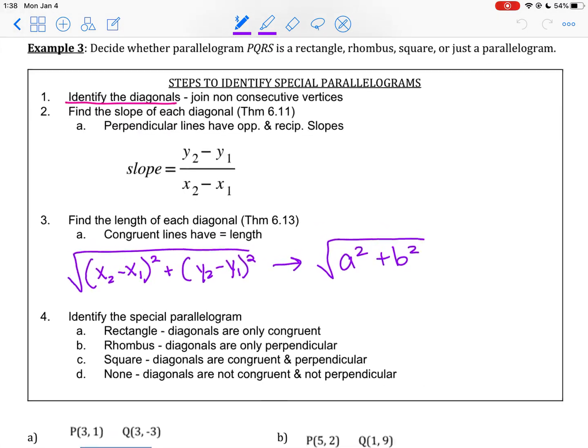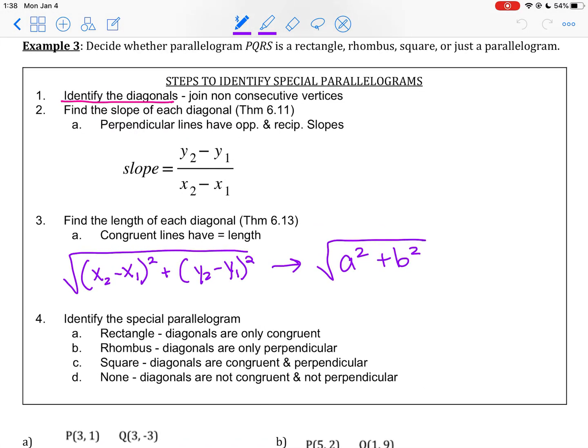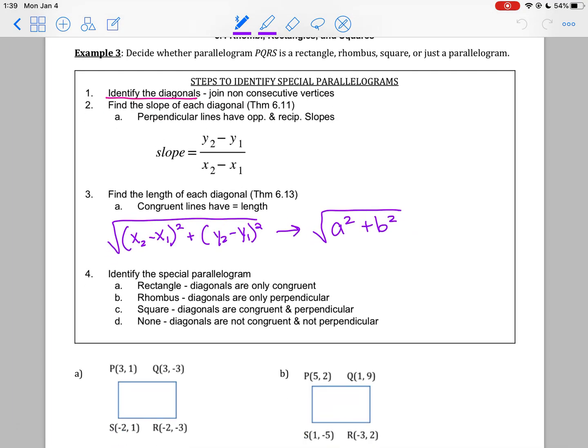All right, so the next thing we're going to look at is identifying these special parallelograms based on ordered pairs. If we have the coordinates of each of the vertices of a quadrilateral or a parallelogram, we're going to use this method to figure out what kind of parallelogram it is. The first thing we're going to do is to identify the diagonals by joining the non-consecutive vertices.